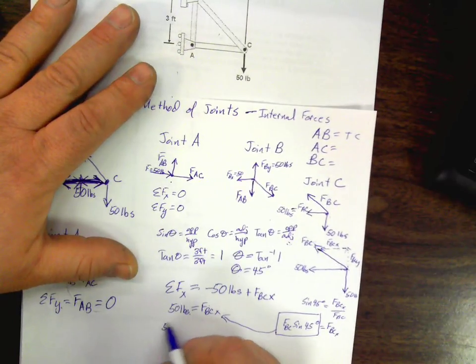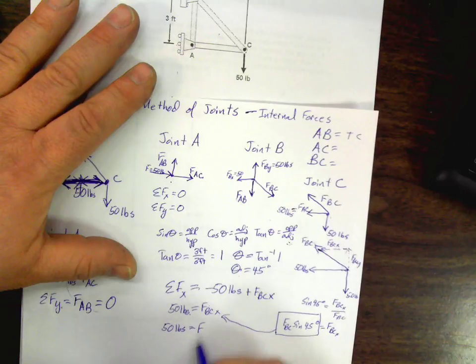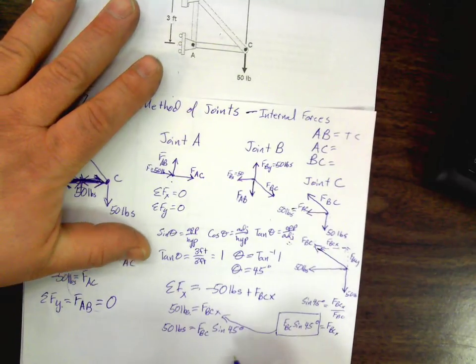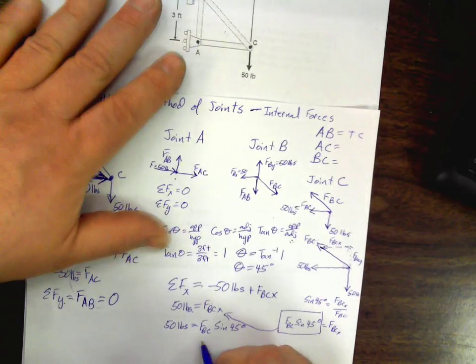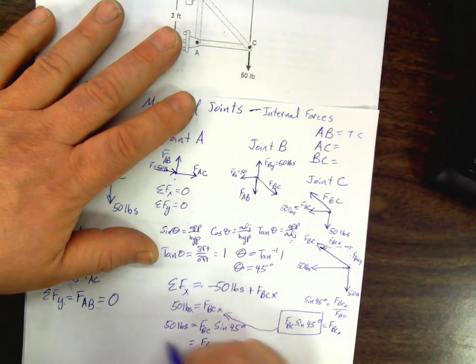So we've got the force of BC in the X, and we've got the force of BC in the Y. So negative 50 plus the force of BC in the X. And we'll go ahead and do our y here as well.